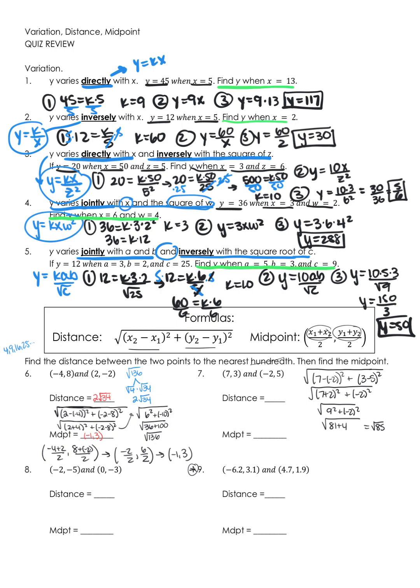And 85 is divisible by 5. But let's see if it's divisible by 25. See if it's a perfect square. It's not divisible by 25. It's not divisible by 4. So this is already simplified. You cannot simplify that. So this will just be the square root of 85.